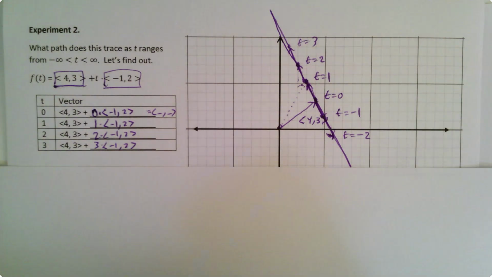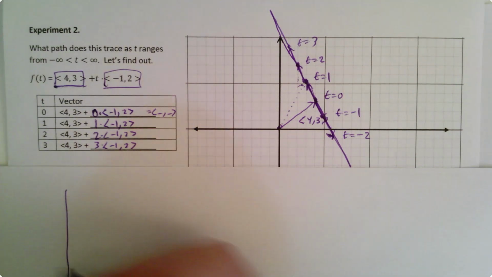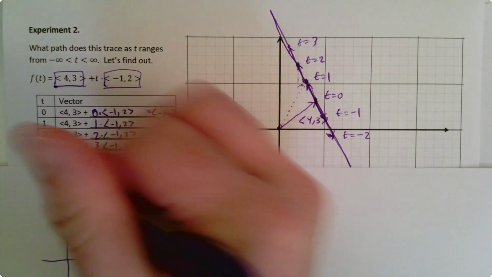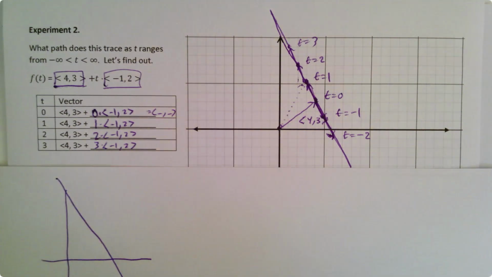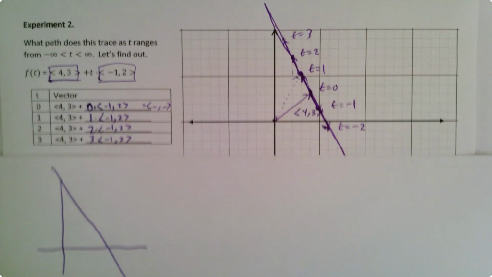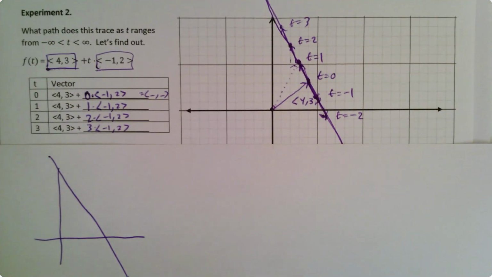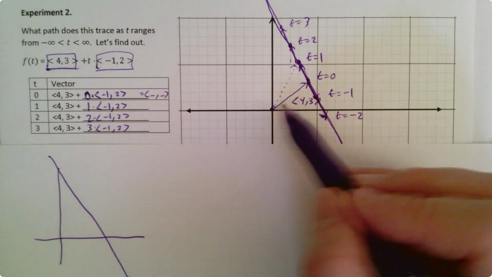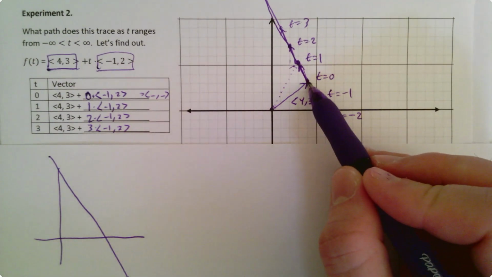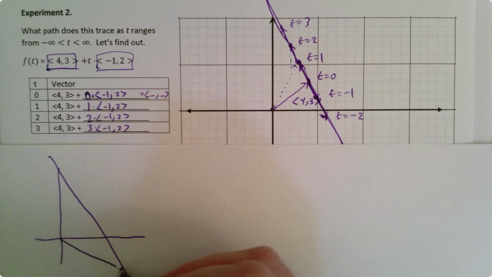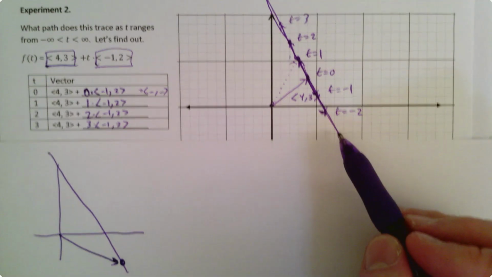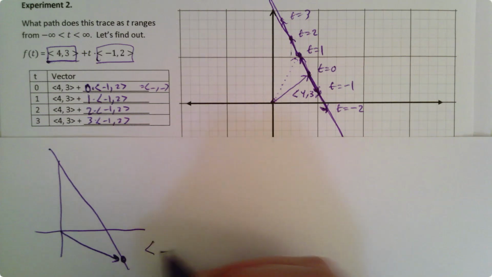If that's how you're thinking about it, we could have created this line in a lot of ways. Here's my best sketch of that same line up here, only without scaling. So originally we started at a point 4, 3, but if I wanted to, I could choose any point along the line as my starting point. I could choose a point way down here, and that could be my initial vector.